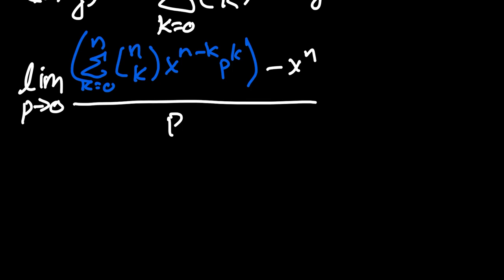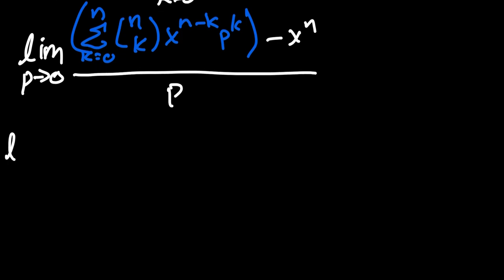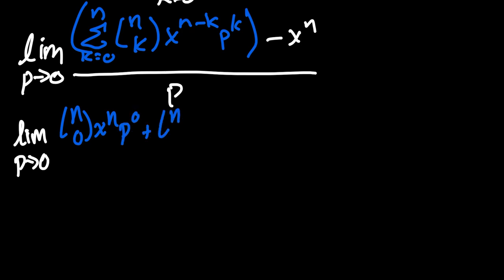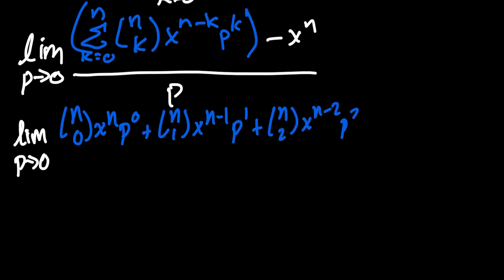And we know we can expand this out into its sum form, and we can get the limit as p approaches 0 of the first term, n choose 0 times x to the n times p to the 0th, plus n choose 1 times x to the n minus 1 times p to the first, plus n choose 2 times x to the n minus 2 times p squared, plus dot dot dot, all the way to the kth term.